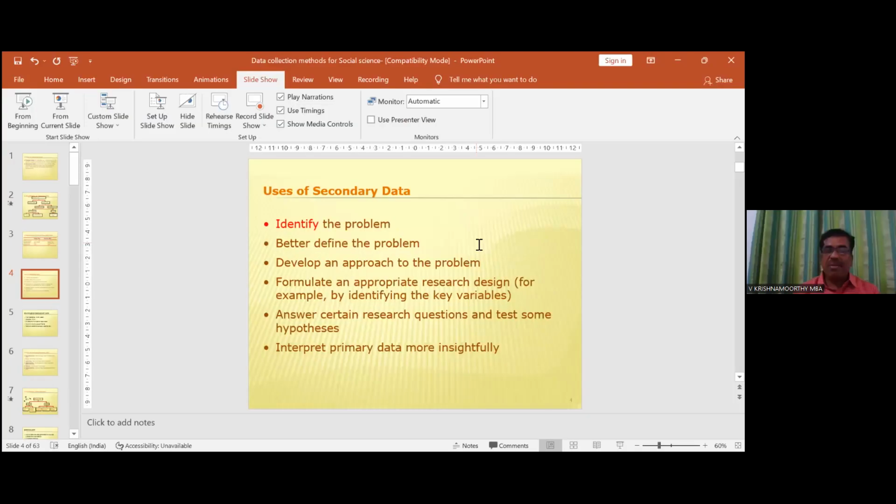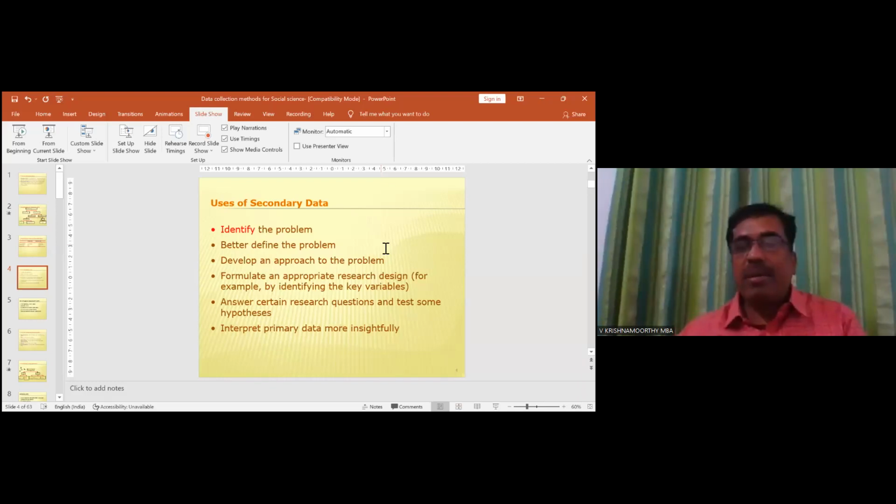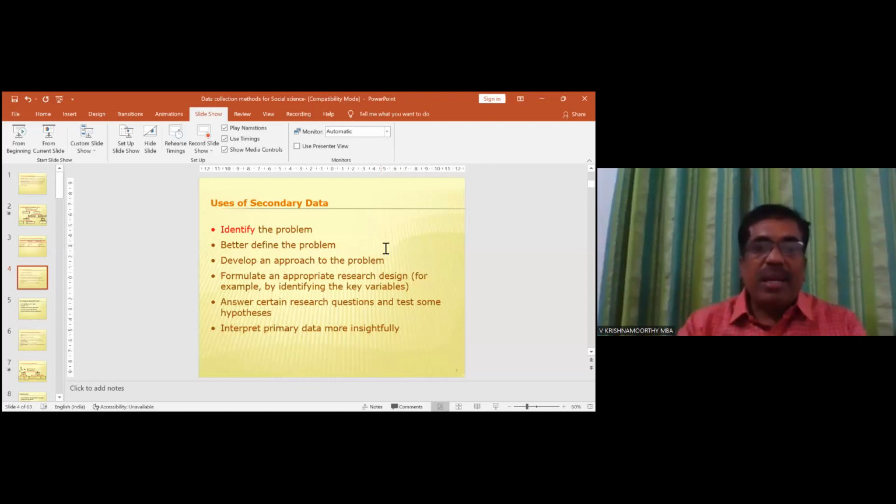Let's take a research paper. We have written a research paper, and in the discussion, some study was conducted by some authors. Their study might have found something. You can compare and you can also contrast. This is possible in case of secondary data.